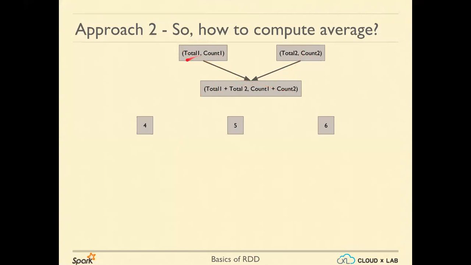So if we convert each of our elements into a pair, where the first number in that tuple represents the total value and the second number represents how many numbers are in this total, the count, then we can sum up these two in parallel, right? We can combine these two tuples in this way. And this operation is going to be associative and commutative, right? Whether this is the first element or the second element, it'll always give you the right answer.